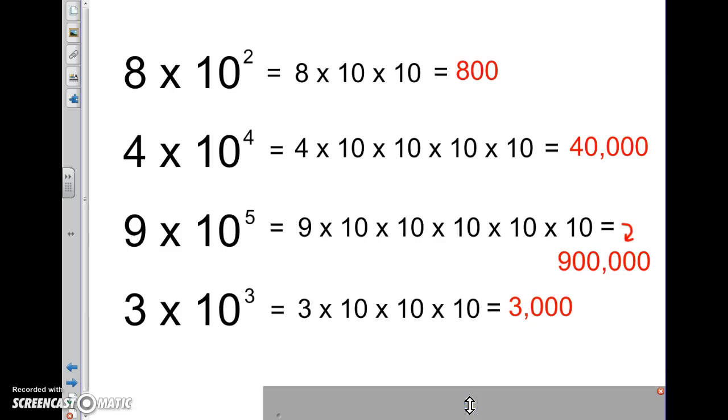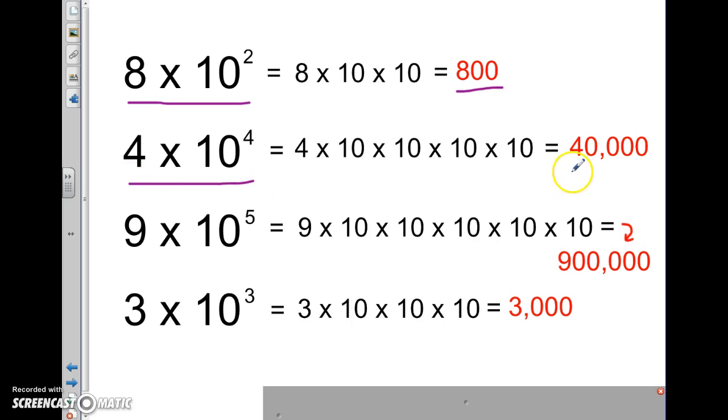But the real challenge here is that I want you to look at all 4 of those problems. Look at the multiplication problem with powers of 10, and then look at the product for that problem.